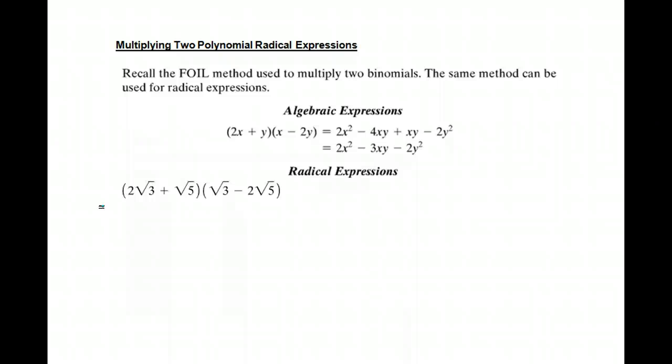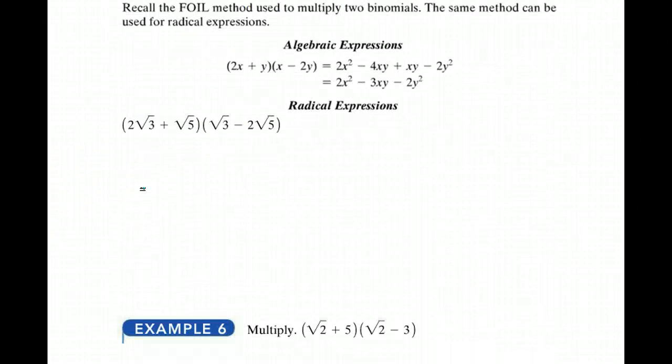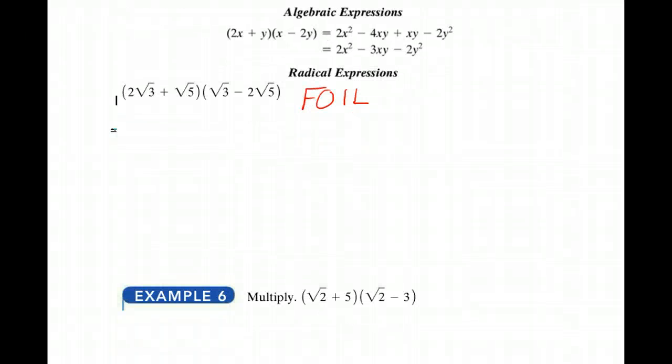We learned to use the first times the first, the outer times the outer, the inner times the inner, and the last times the last, and then to simplify our expression from there. Using radical expressions, we will use exactly the same method. We are still going to FOIL. The only difference is that we will be using radicals.